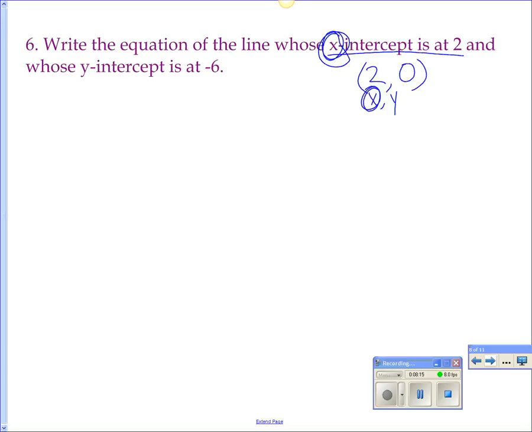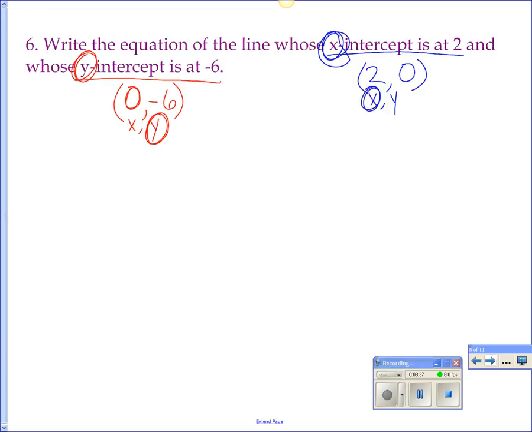A y-intercept at negative 6, you have to make it a point. So it's the y, so it goes in the y spot, negative 6, and you put a 0 in the empty one.